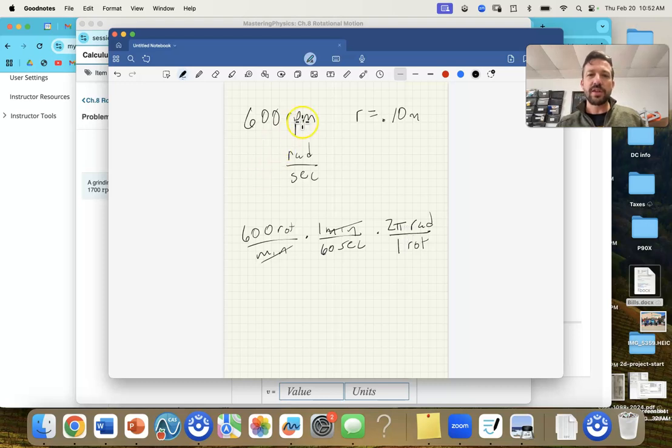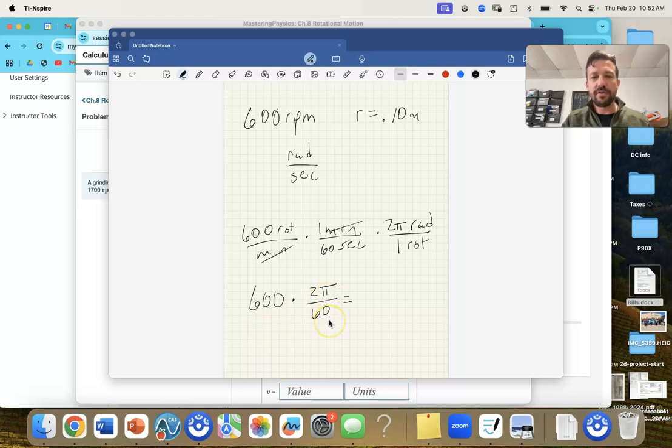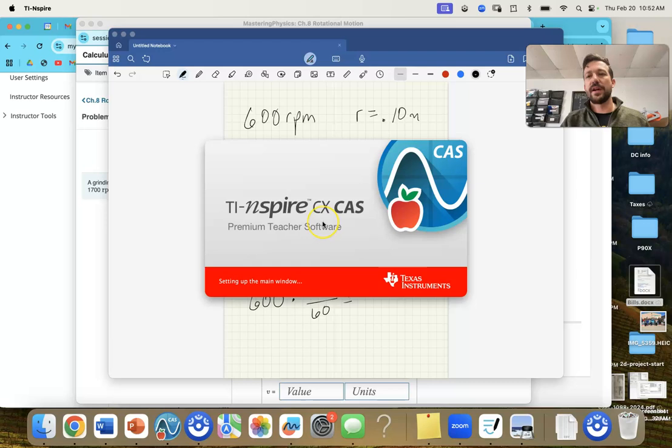So to switch anything from revolutions per second or rotations per second, however you want to say it, it's just going to be 600 times 2 pi over 60, and that'll switch it to radians per second. So let's see what that is real quick. 600 times 2 pi over 60. I hate how long it takes the calculator to load.